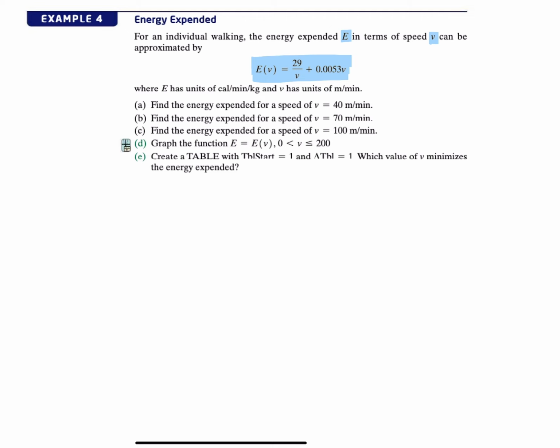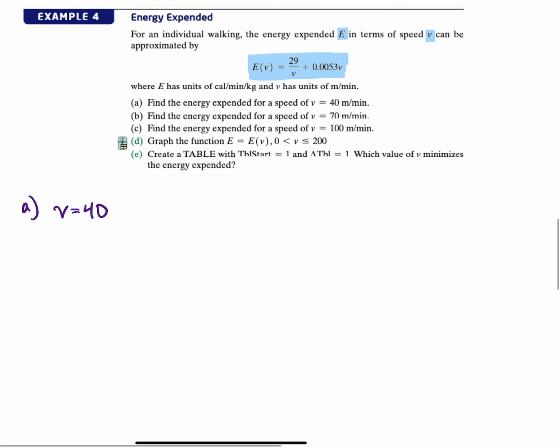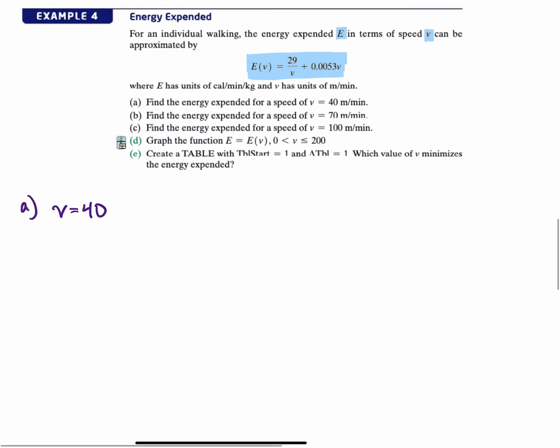You're kind of forced to do approximations a lot of times in application. So we have this equation, and it's asking, first, find the energy expended for a speed of v equals 40 meters per minute. In other words, it's asking us to find E of 40.